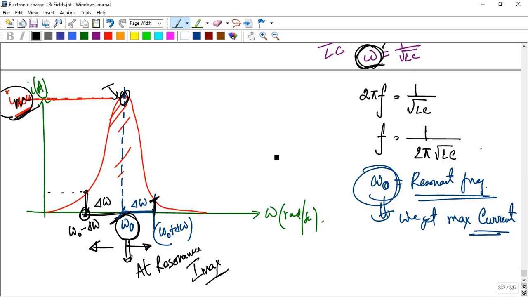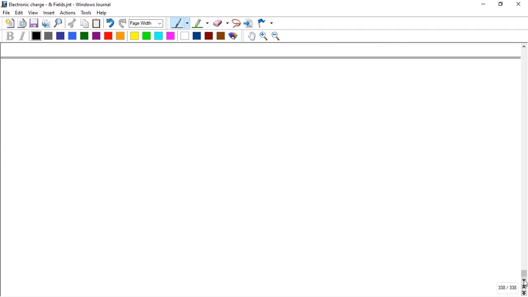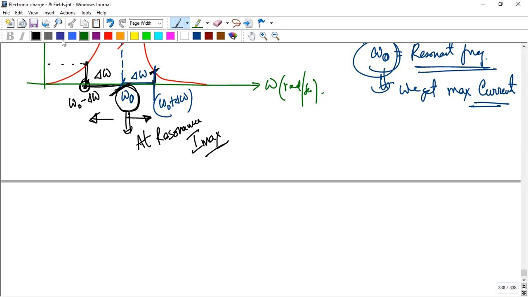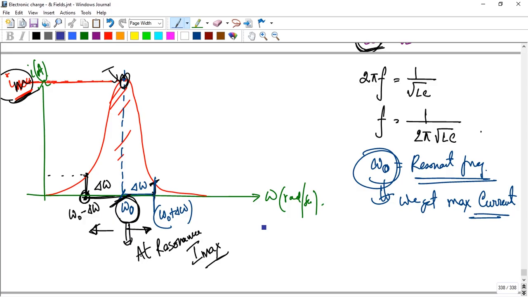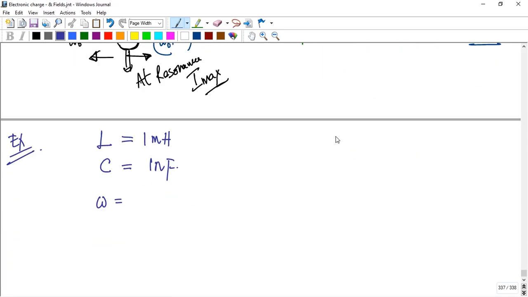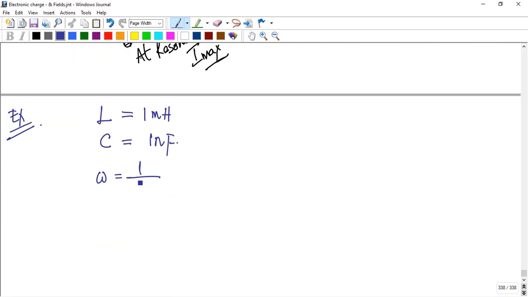Okay, so take an example. Suppose L is a 1 millihenry inductor, and the capacitor is 1 nanofarad. So omega equals 1 by root over of LC.